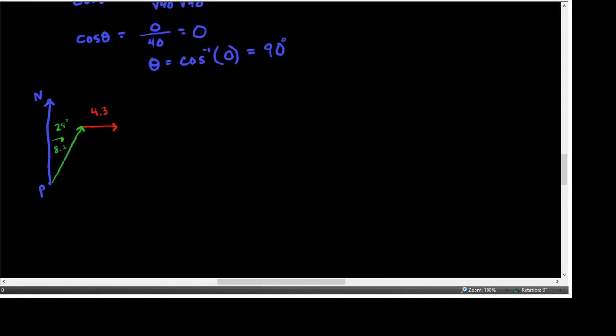How far is the ship from port? And what is its bearing from the port? So after it's traveled all that way, we're measuring from the port. So from point P, we're going to draw a line segment, and to get direction we'll need to make that a vector, and that orange vector is where the ship is relative to the port right now.